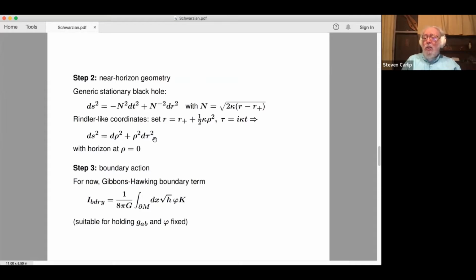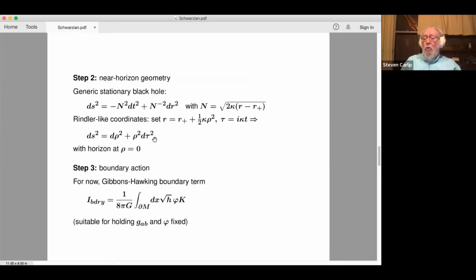The latest thing that I've looked at suggests that there is essentially a BMS symmetry near the horizon in this reduction to two-dimensional dilaton gravity. There's certainly a diff S1 or diff R symmetry, so a Virasoro symmetry from just translations along the horizon.